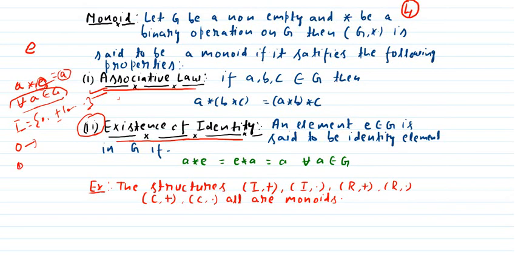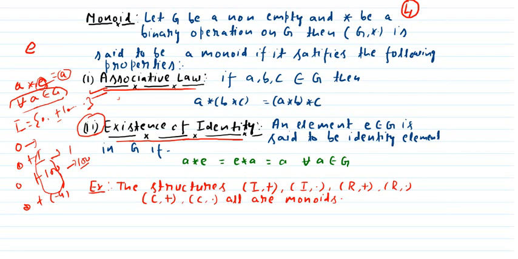If we add it to 1, then it will be 1. If we add it with 100, then the output is 100. So the output is always A. Hence 0 is the identity element for the set of integers. All the structures I plus, I dot, R plus, R dot, C plus, C dot, all are monoids. You can verify easily.